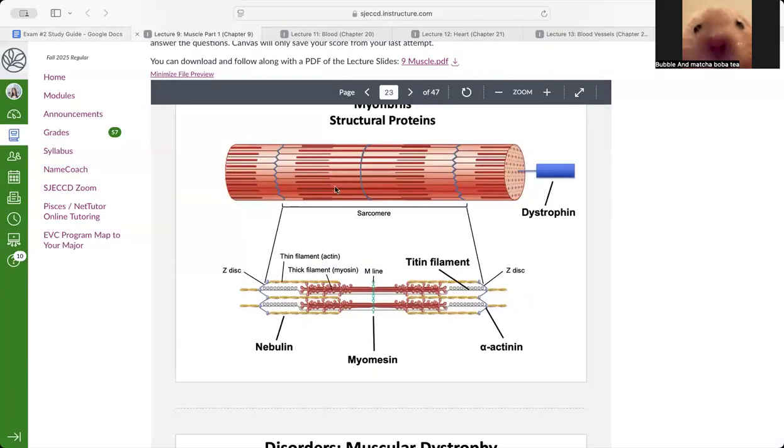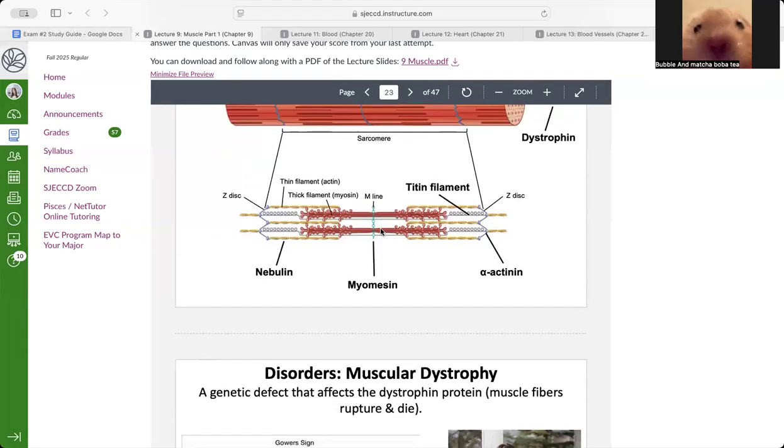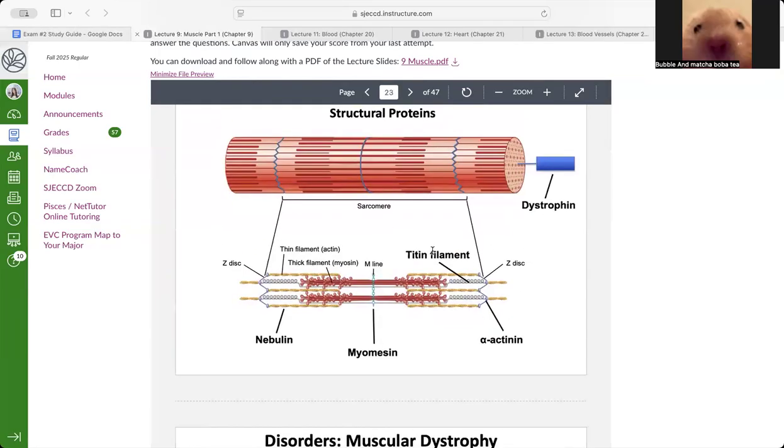The awesome muscle needs defense. So that's how you remember all the structural proteins. So the awesome muscle needs defense.